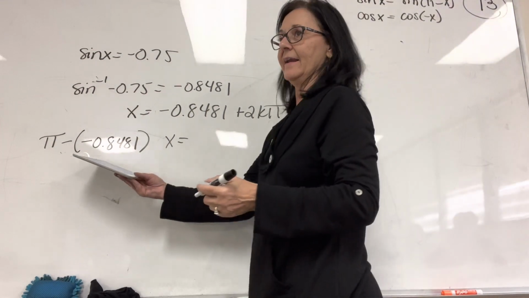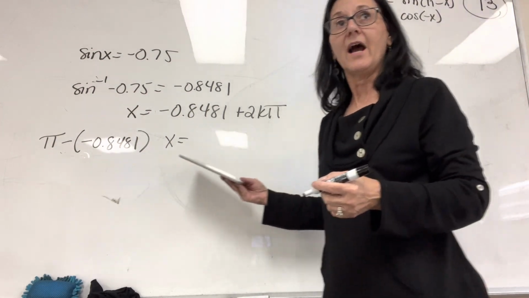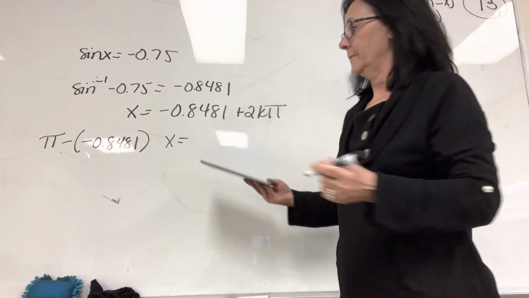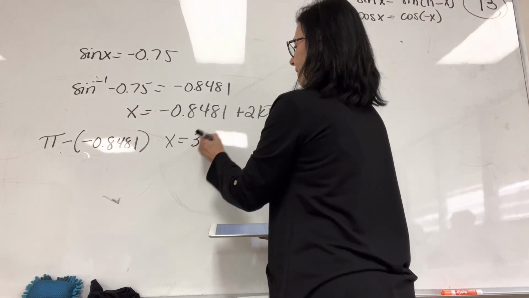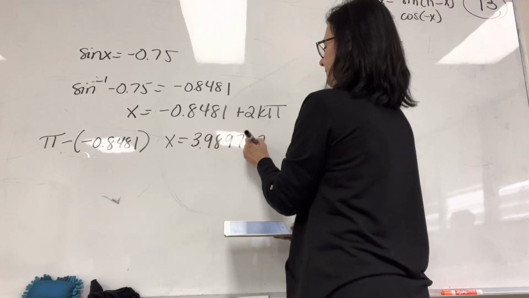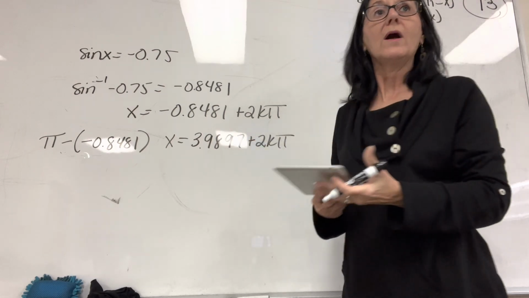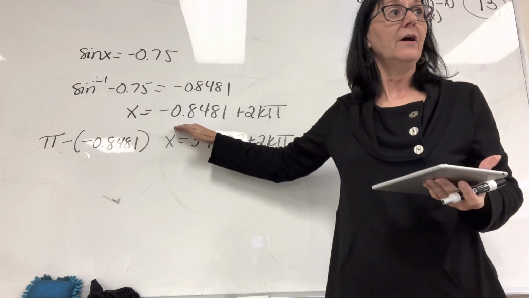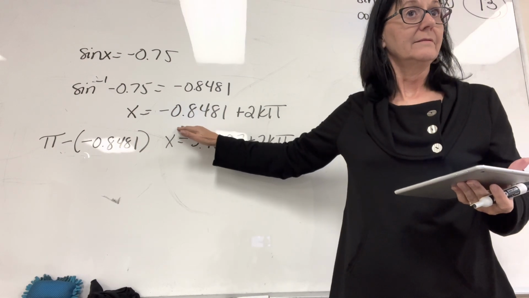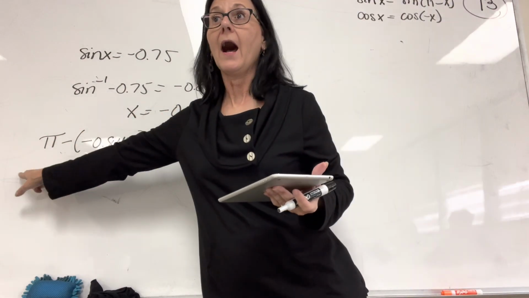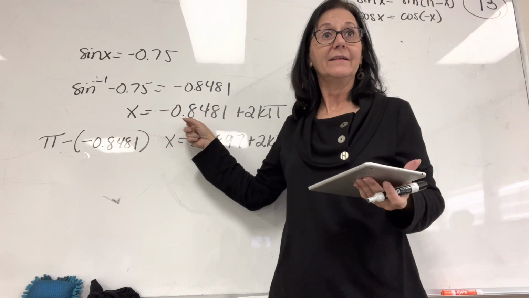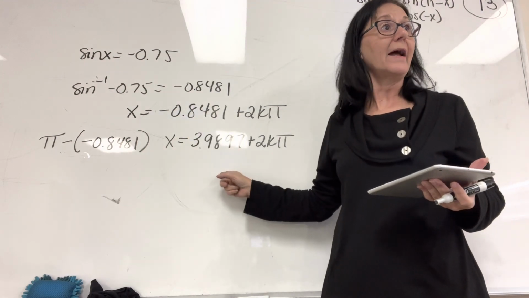Pi plus that. You see how I'm figuring out my other radians? 3.9897. So once I get one solution for the sine, I'm taking pi and I'm subtracting that solution to get to my other one.